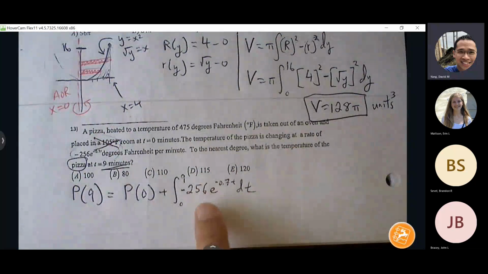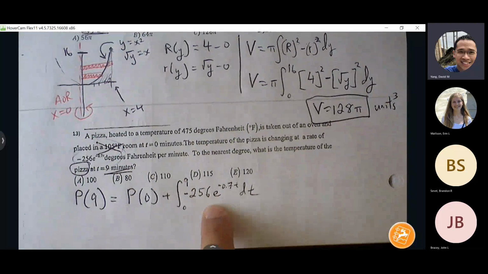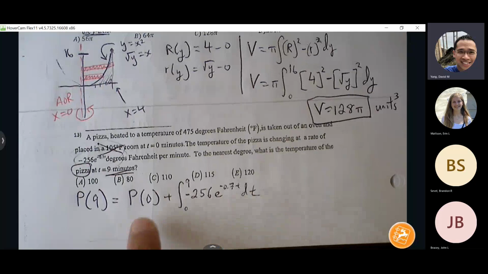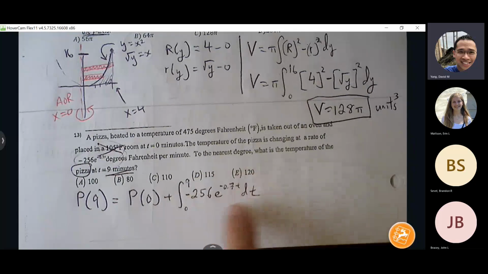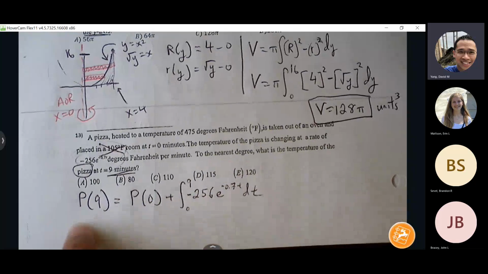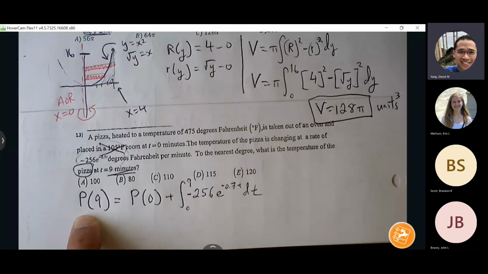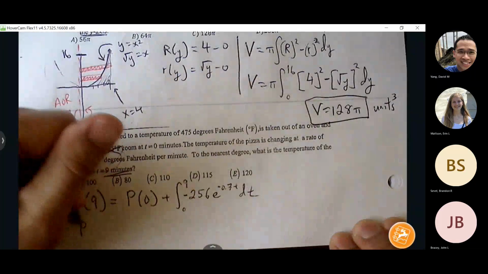So this process will give us the change in temperature in that 9-minute period. We know it's going to start at 475, and however much temperature drops, we can add that to here, and then we can figure out what the actual temperature of the pizza is at 9 minutes in.